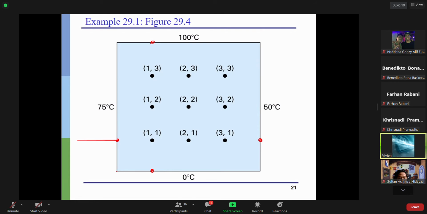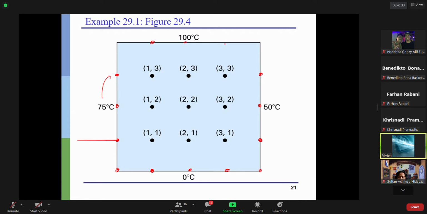But because we give boundary conditions to all of the sides here, it means that we already apply a value for the nodes. So all of the nodes here will be 75 degrees, and all of the nodes here will be 0 degrees, and this one will be 50.